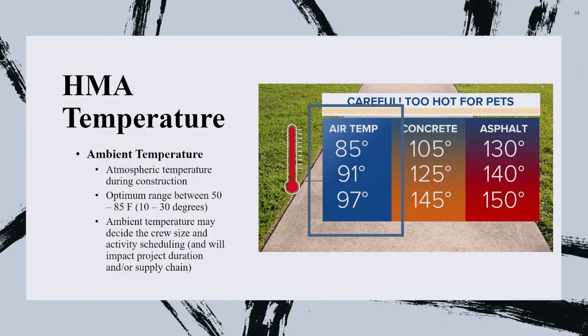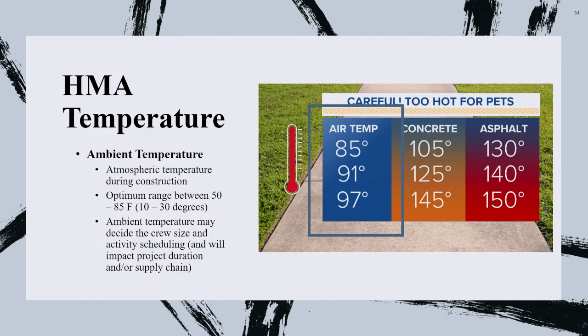I'm not sure if I get your question. If the air temperature, let's say, is 91 degrees, what is the expected laying temperature of the asphalt? I got that. If the temperature is close to 100, let's say 97, then it's better to do 150 degrees.